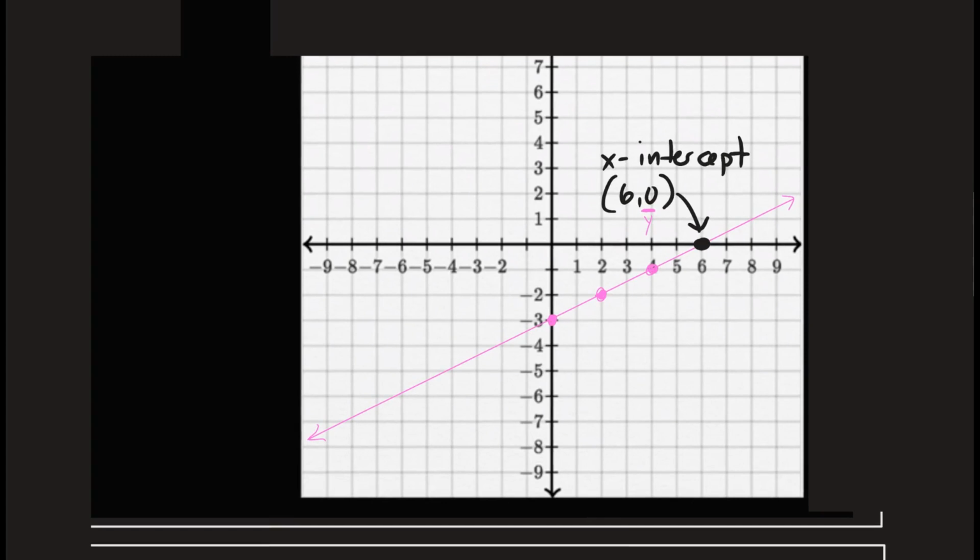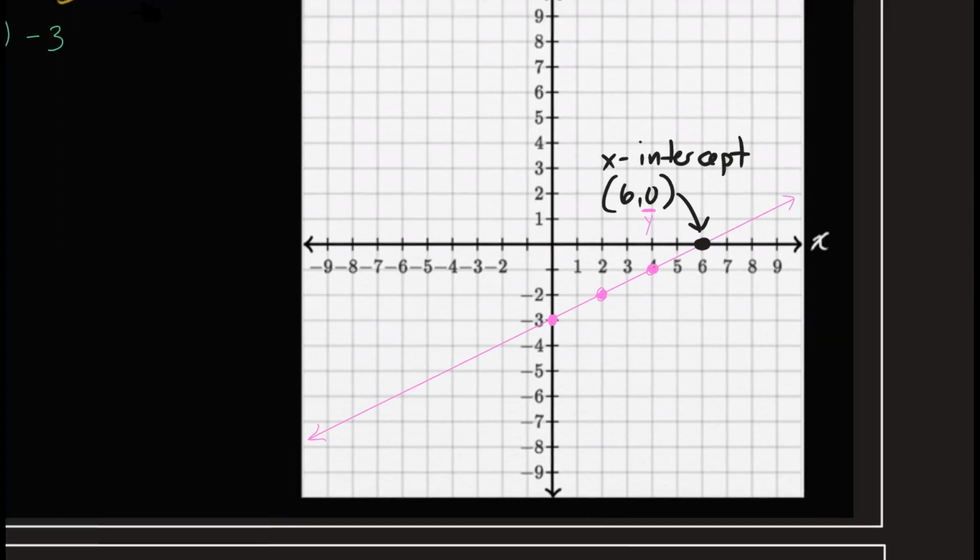And when you're thinking about your y-intercept, this is where your line intercepts the y-axis. That's this point right here. This point is 0, -3. And no matter what, when you're thinking about your y-intercept, the x value will always be 0.